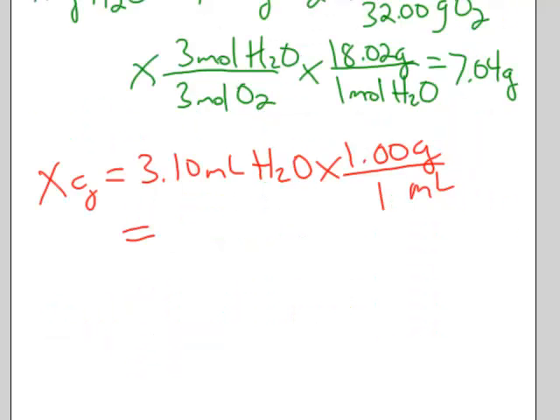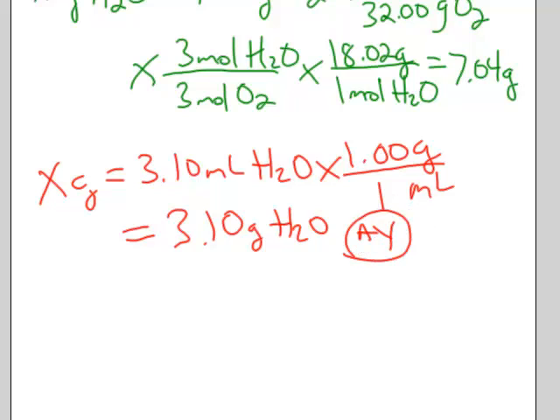So 3.1 milliliters is just 3.1 grams of water. That's the actual that was given in the problem.